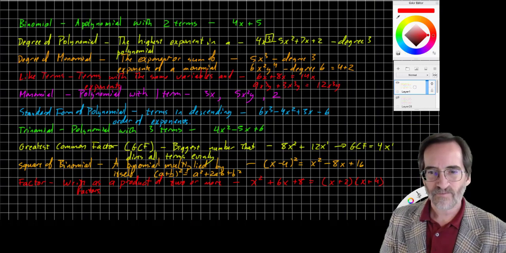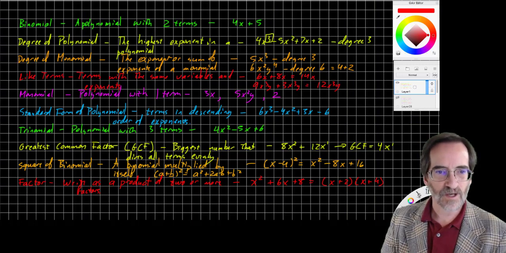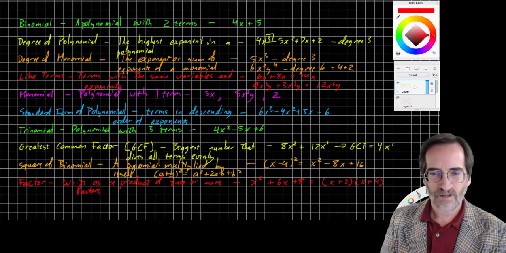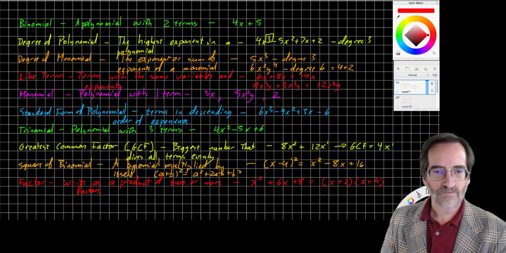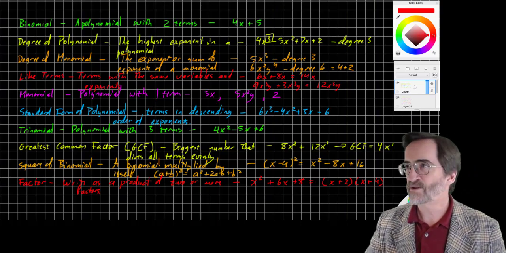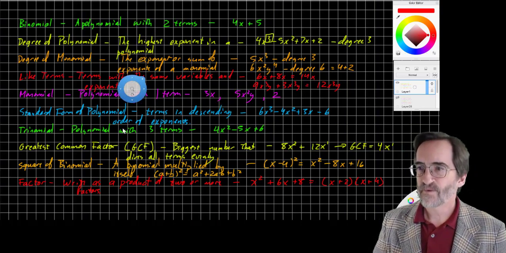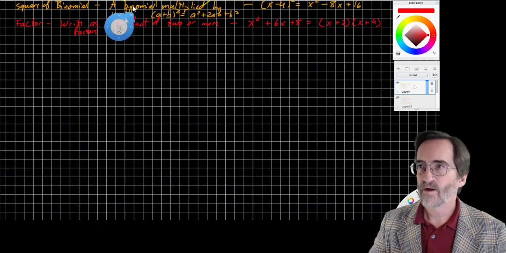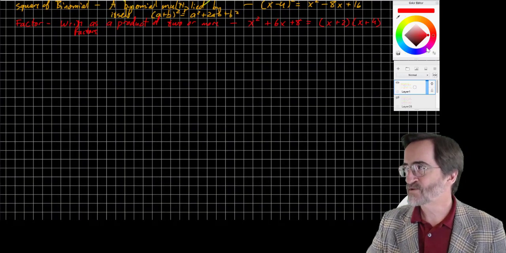Lesson 7. Let's see if there's any keywords here. Binomial, factor, and trinomial. We've already defined those. Lesson 8, special cases. Difference of squares and perfect square trinomial. Let's make some room here. Okay, difference of squares.